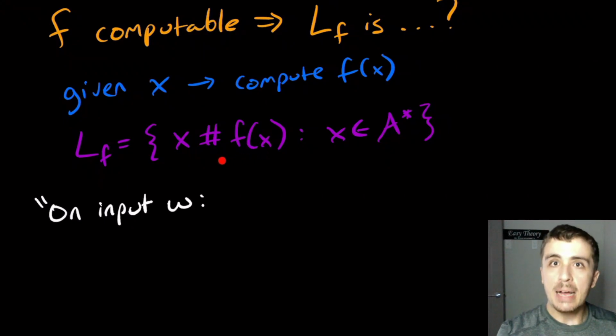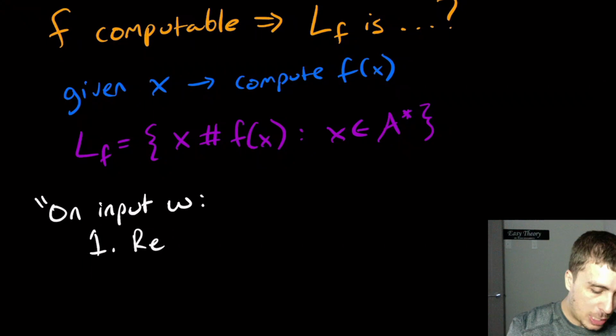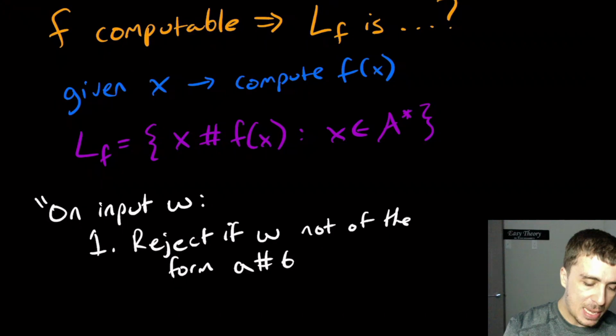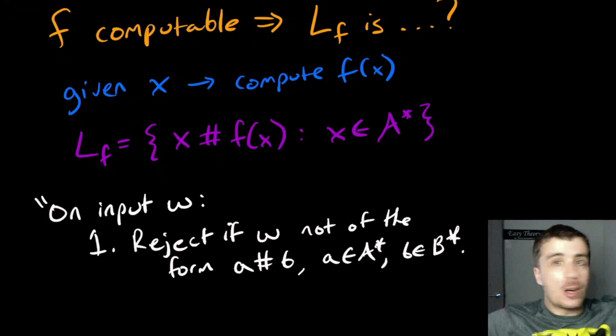If it's not of that form, it cannot be an element of L sub f, so we can just reject it immediately. So the first step is to reject if this string w is not of the form A pound sign B, where A is in A star and B is in B star. Okay, so if it's not of that form, forget it.